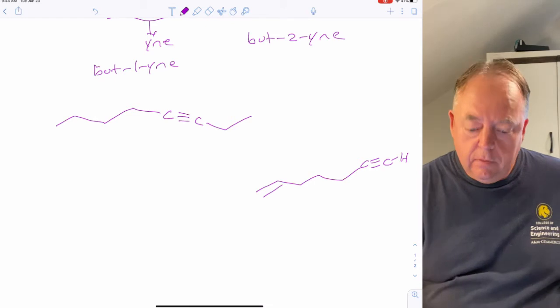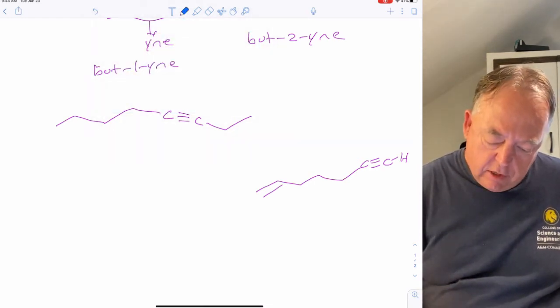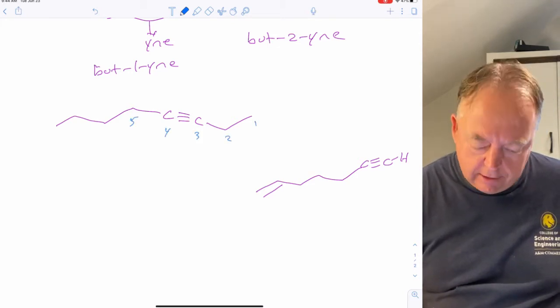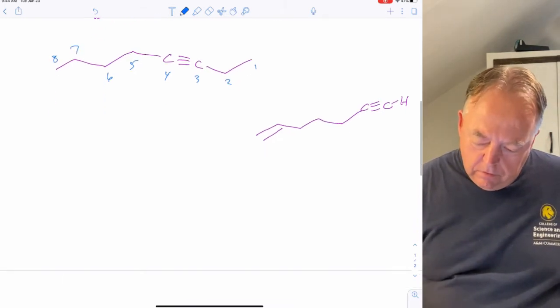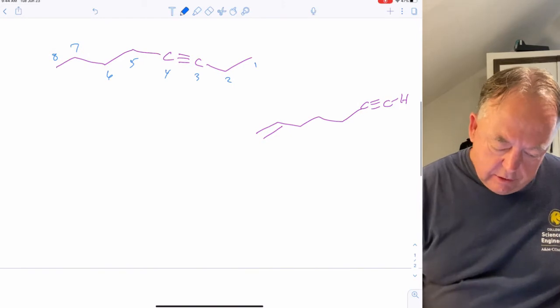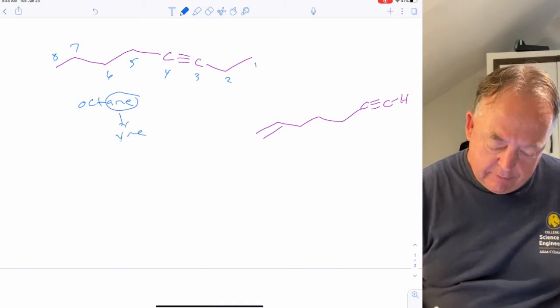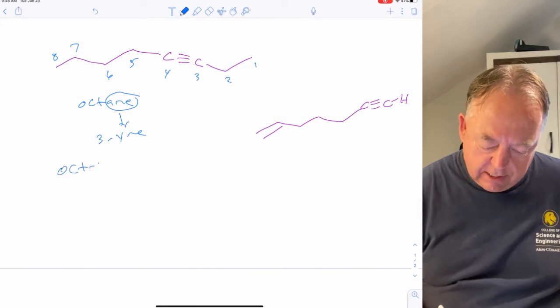If we name these 2 molecules, of course, if all you have is an alkyne in the molecule, you would want to number the carbon chain to keep the alkyne as low as possible. In this case, 8 carbons would be octane. Change the ANE ending to YNE and put the number right before it. So that would be oct-3-yne.